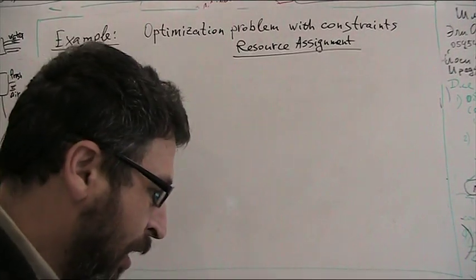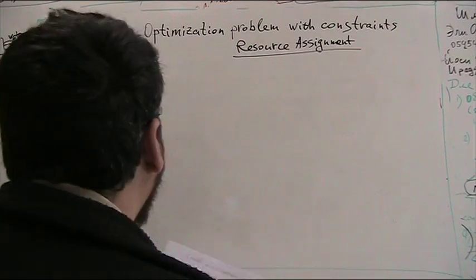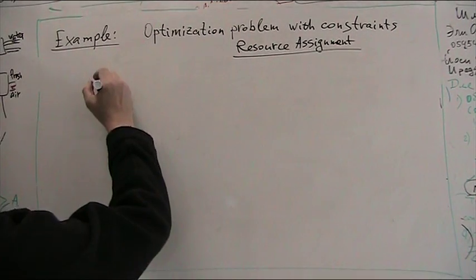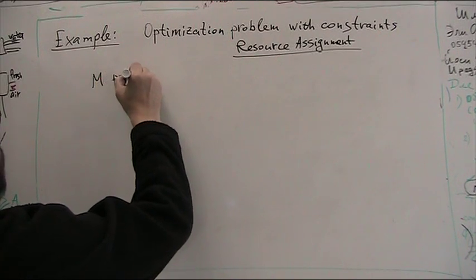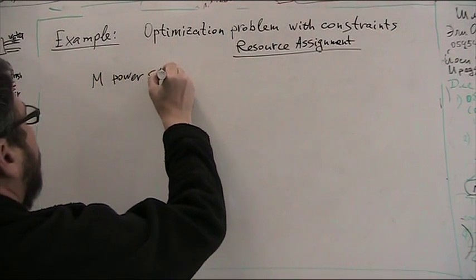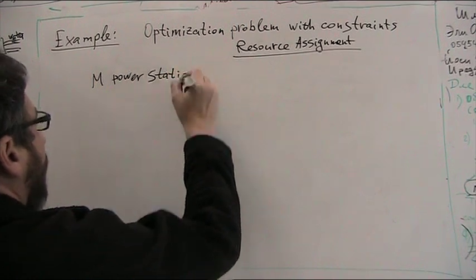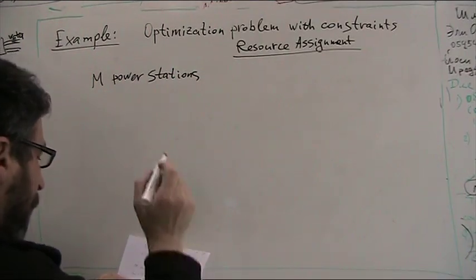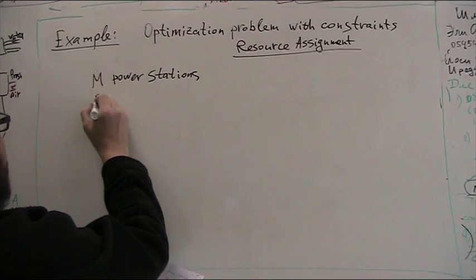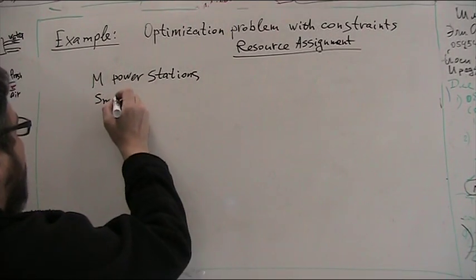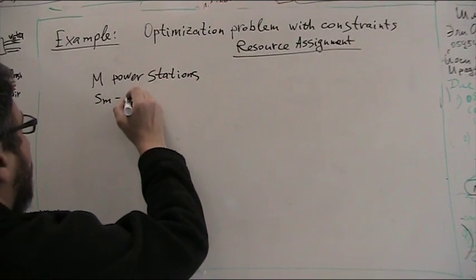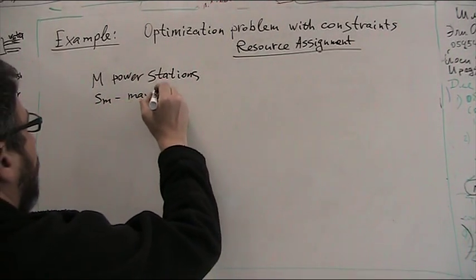So let's write this formally. We have capital M power stations, and say S with index m is the maximal power of station m.